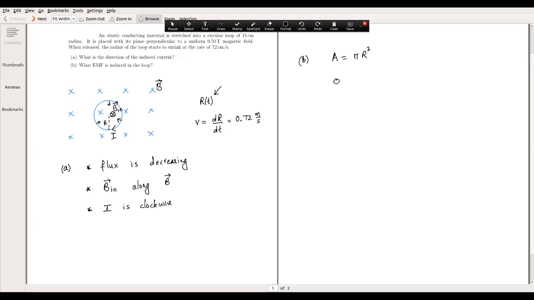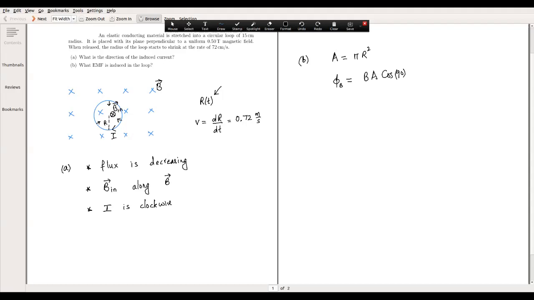And the flux of the magnetic field is B times the area times cosine of the angle between the area vector and the magnetic field, which is 90 degrees in this case. Area vector is perpendicular to the magnetic field that's given to us. So that means the angle between the magnetic field and the area vector would be 90 degrees.